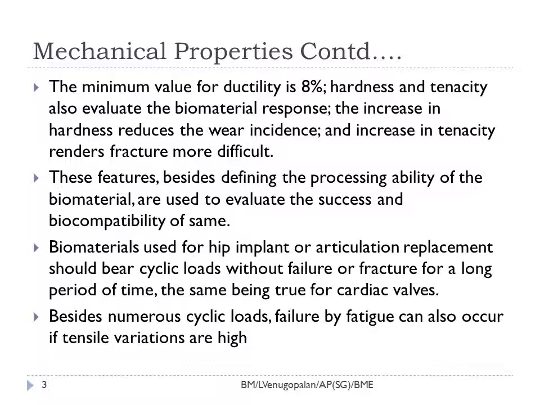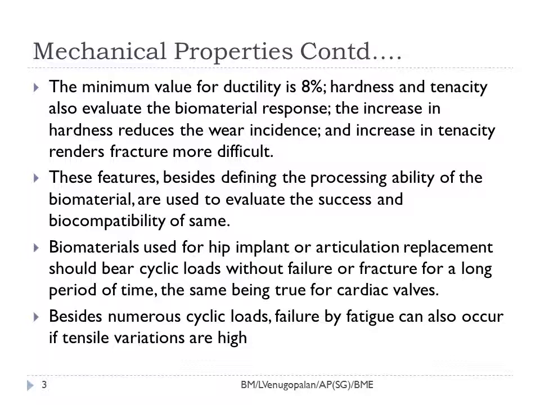Same is true with cardiac valves because the heart is constantly pumping. The valves are constantly opening and closing, and the material that is used to make artificial cardiac valves should be able to bear this cyclic load. Now, fatigue is another factor that can occur in a biomaterial. Human body, when it is subjected to a lot of stress, gets tired.